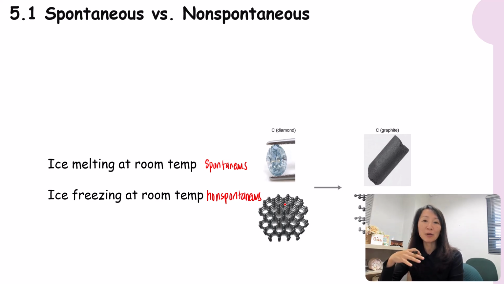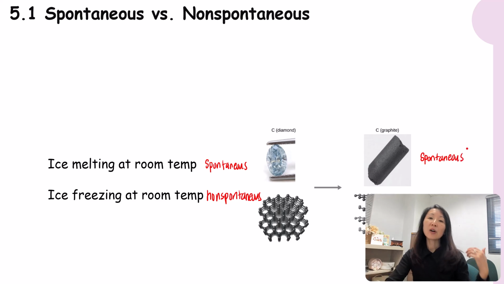In fact, the diamond will degrade into what is called graphite. It takes quite a long time, but either way, going from diamond to graphite is a naturally occurring process. So this is considered a spontaneous process.